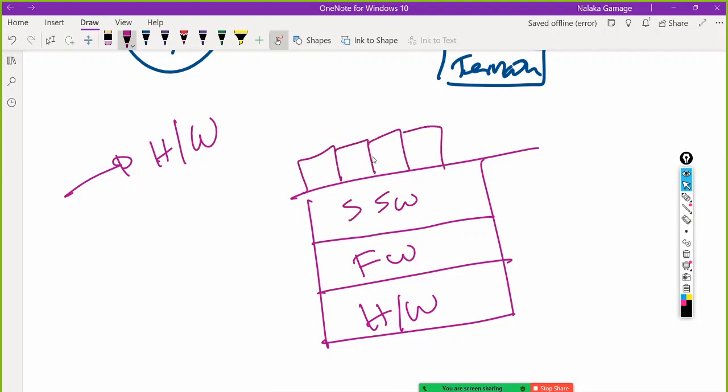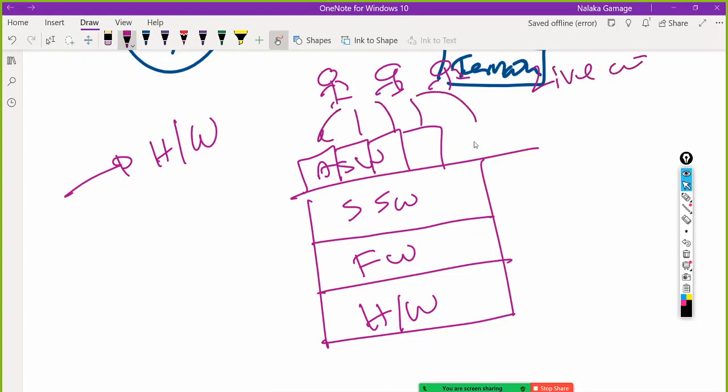So many application software, right? Your word processors, Photoshop. Then of course the users, we just call them liveware. They can interact with this, and of course they can interact with the system software as well, right?